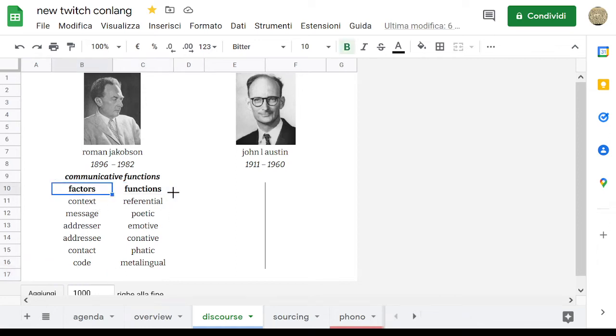And so what he determined is that language can have 6 functions depending on what focus they have in terms of these factors. So the referential function, in Jakobson's view, is the focus on the context, either the topic that you're talking about.